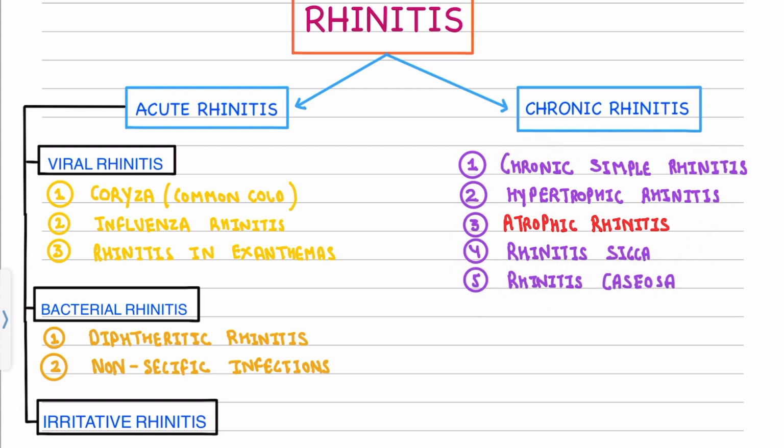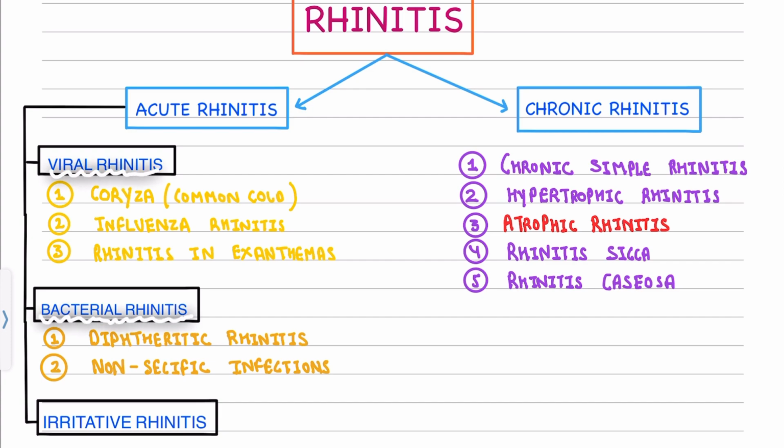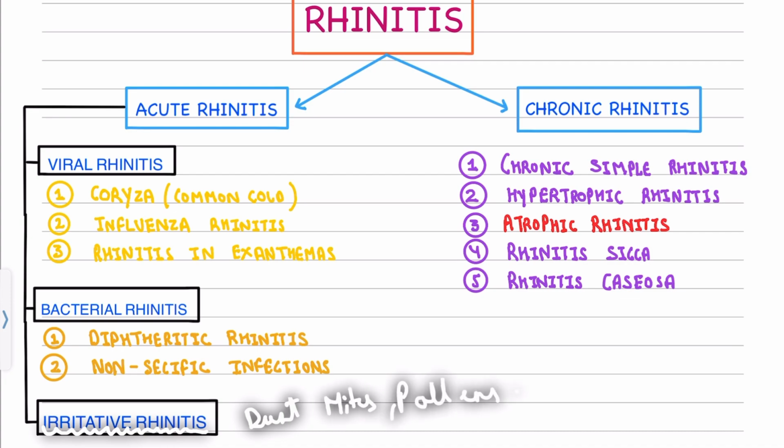Acute rhinitis on the basis of etiology is of 3 types. First we have viral rhinitis, because of viral causes, and bacterial rhinitis, because of bacterial causes, and finally we also have irritative rhinitis due to dust, mites and pollens. Viral rhinitis is further of 3 types.